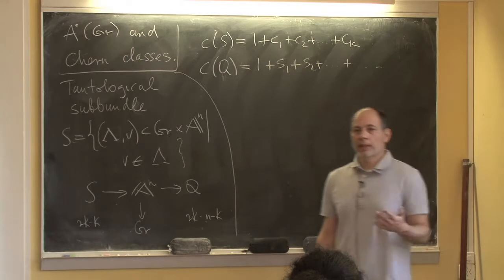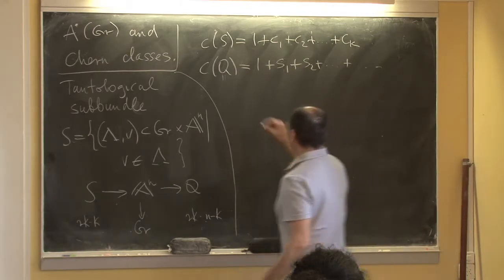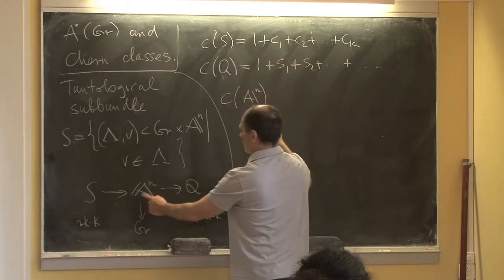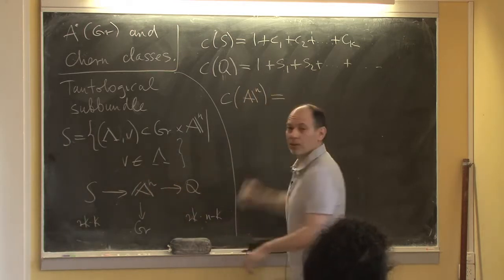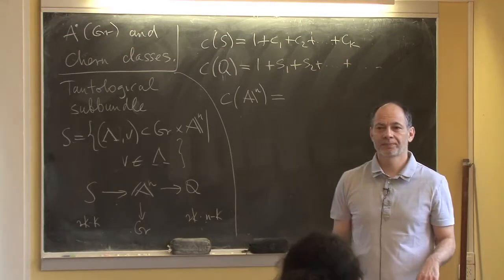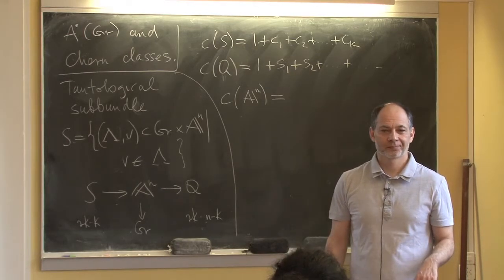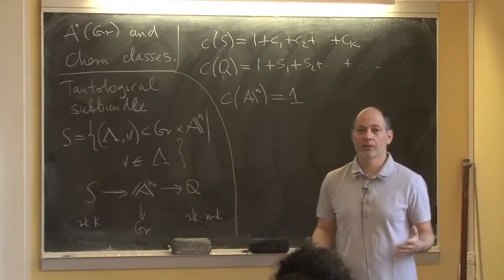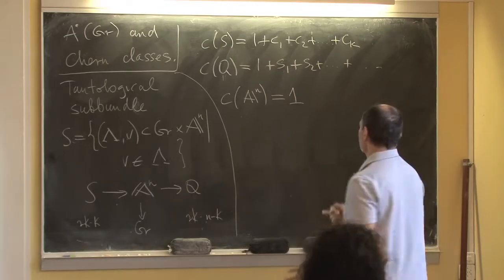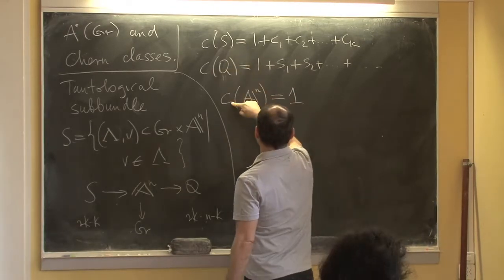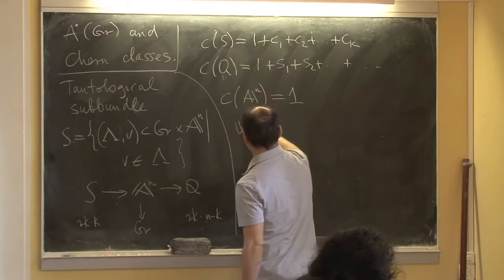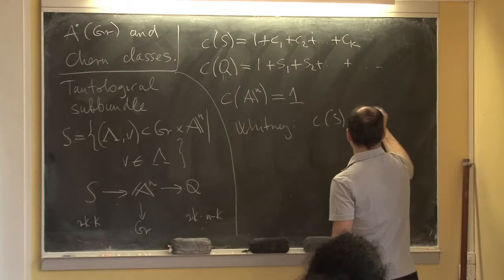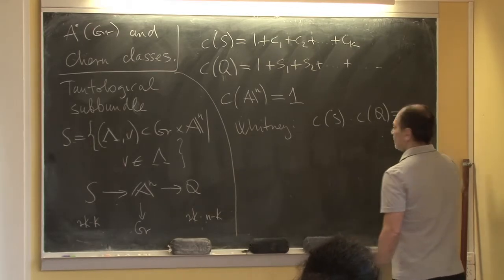Okay, so we have this one. And so now, let's write down the last Chern class. What is the Chern class of this trivial bundle? I'll denote it with this bar, left or right, it doesn't mean anything. It's a trivial bundle, so it's 1, right? And then what does Whitney say? Whitney tells us that the product of these two is the product of this thing and this thing. So Whitney tells us that c(S) times c(Q) is equal to 1.